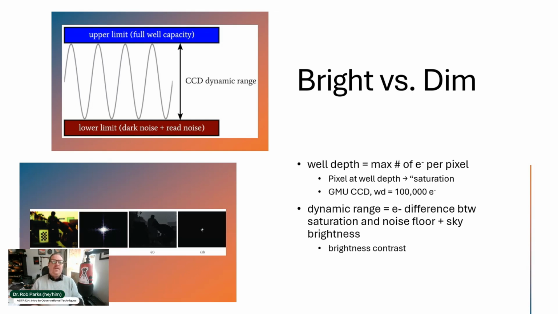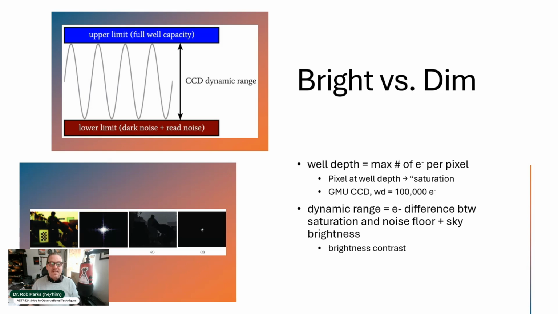That means that you only have a certain amount of range to capture good, usable data on a dim object and a bright object within the same field of view.